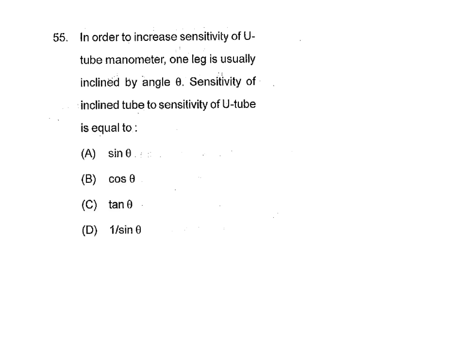In order to increase sensitivity of U-tube manometer, one leg is usually inclined by angle theta. Sensitivity of the inclined tube to sensitivity of the U-tube is equal to... so here one leg is inclined, angle is theta. Here the manometric fluid is here. Let this height be x.